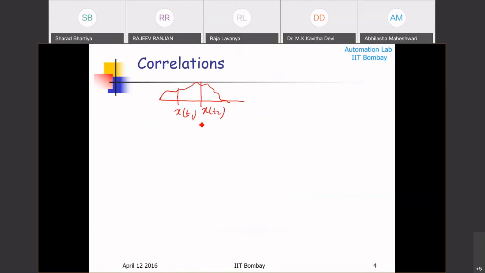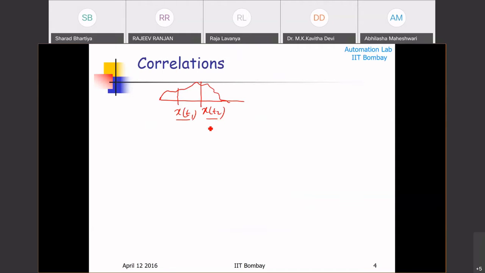Okay. We had barely reached bivariate random variables when I covered it in the first class. But if you now look at this x of t1 and x of t2, you can think of it as two random variables, okay, at t1 and at t2.